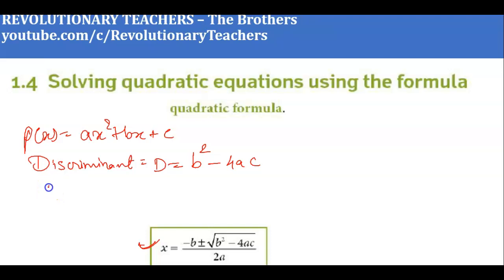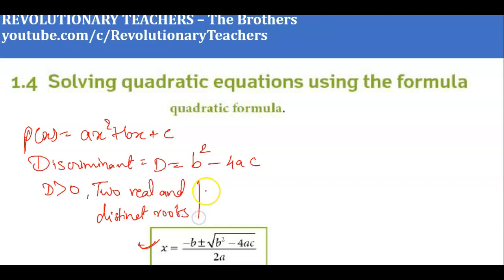Suppose if our D is greater than 0, then we will have two real and distinct, separate roots, right? Two real and different roots. If our discriminant is equal to 0, then we will have two real and equal roots.